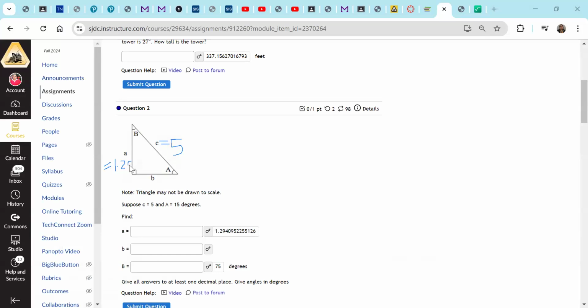I can find B by using Pythagorean, or I can still use the law.